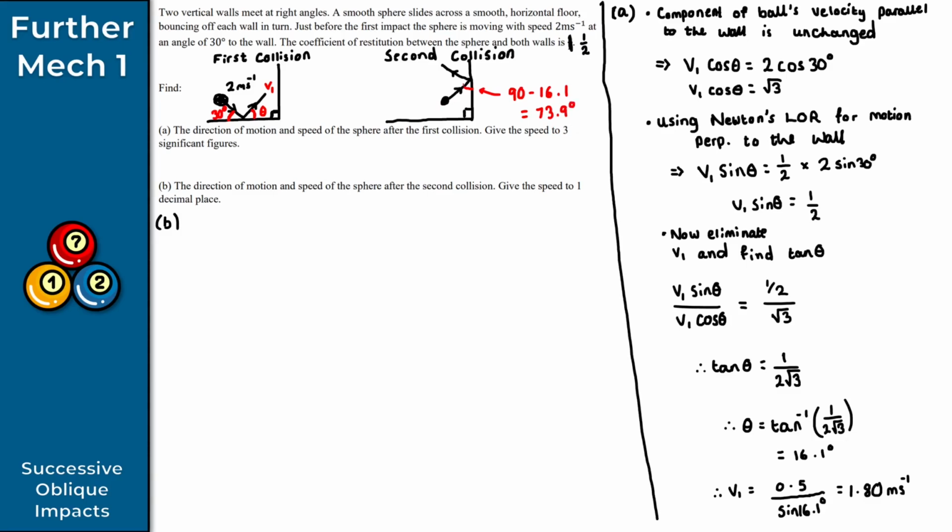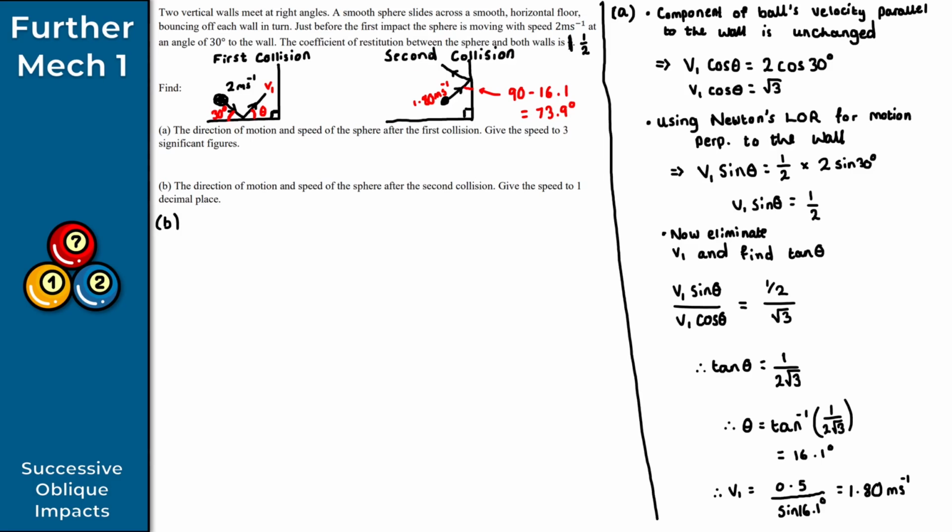What about the speed here then? Well, the speed here is just simply V1. What did we obtain for V1? That was 1.80 meters per second. So the speed here is 1.80 meters per second. Perfect.